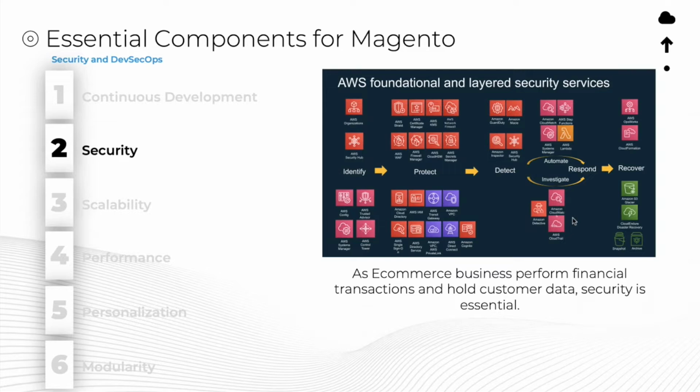And also moving into the other security services that cover the whole kill chain of the attacks, starting from the detection by using the different AWS native security services.